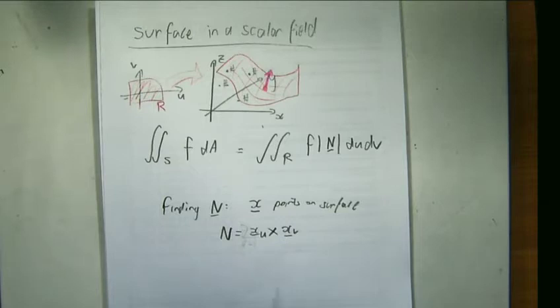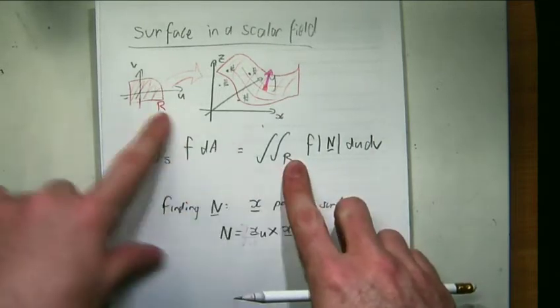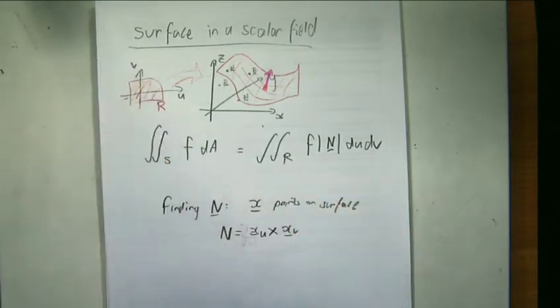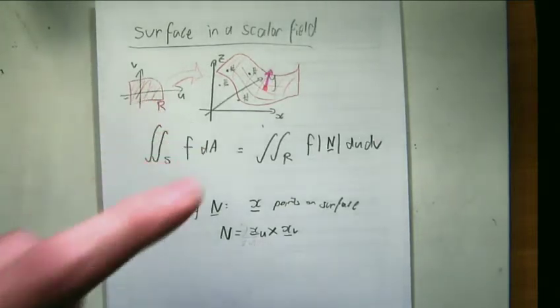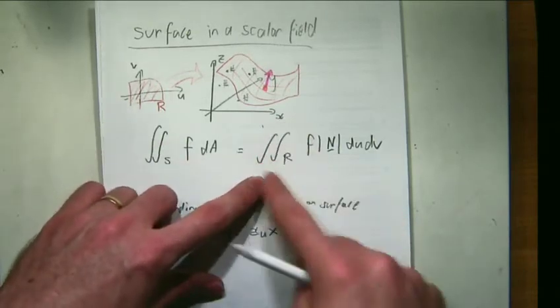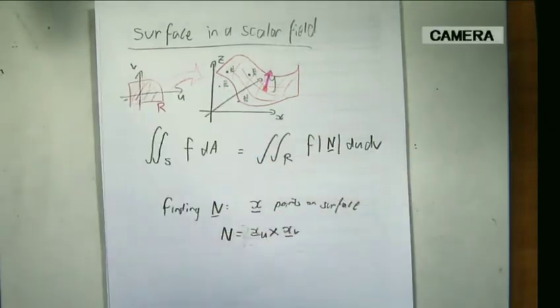So now we just have this expression involving u and v, which is just a plain number, not a vector, and we have to integrate it across our region. You're supposed to integrate the u first and then the v, or vice versa, depending on which way around seems easier. So you have to get this region and choose the limits that go on these integrations. That's the bit that at least one person has said they find tricky.